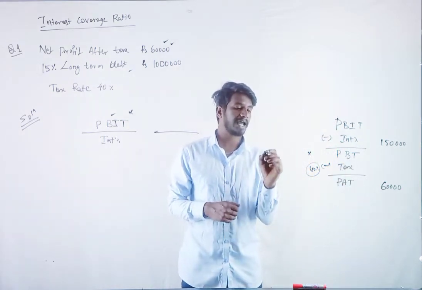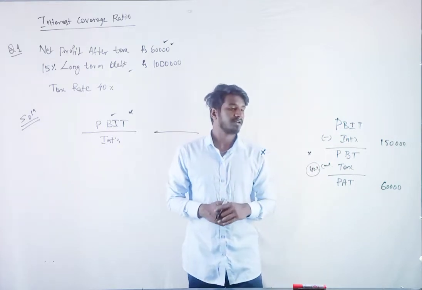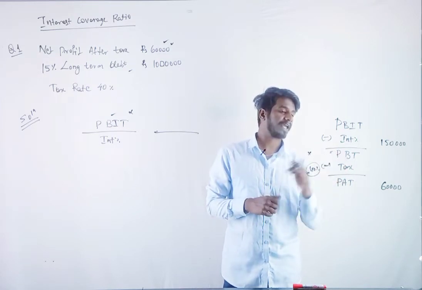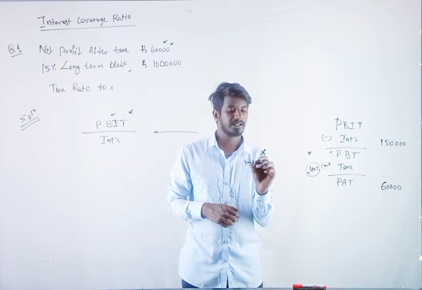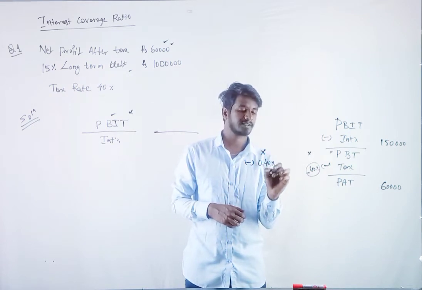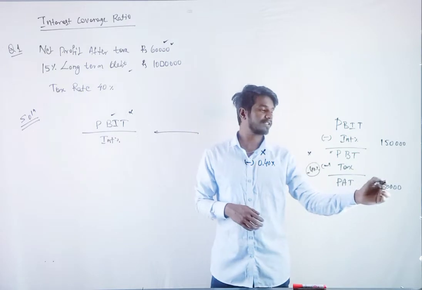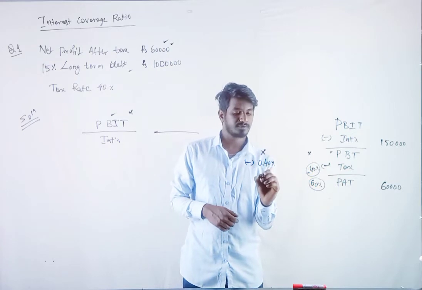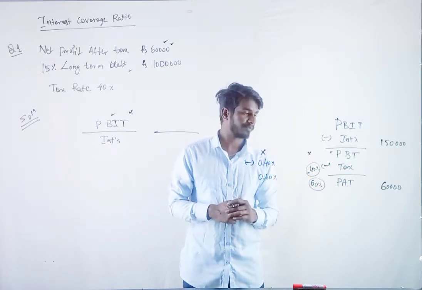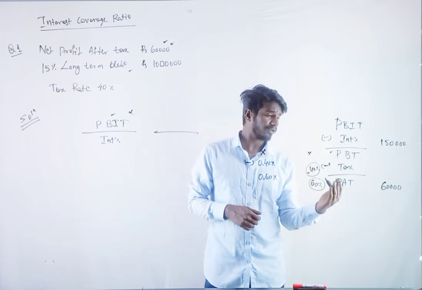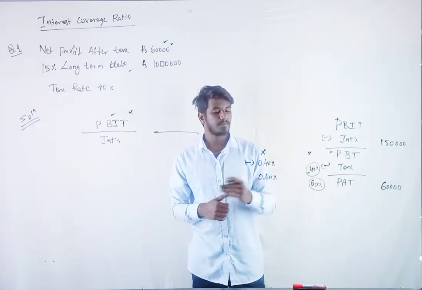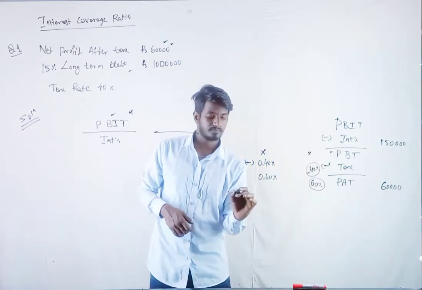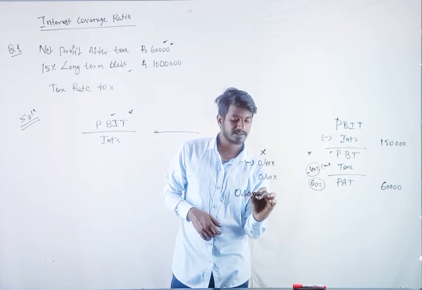Let us assume profit before tax as X. If we minus 40% from this X, that is 0.40x, the remaining is 60%, right? It comes out 0.60x. Profit after tax is 0.60x, which is equal to 6 lakhs.